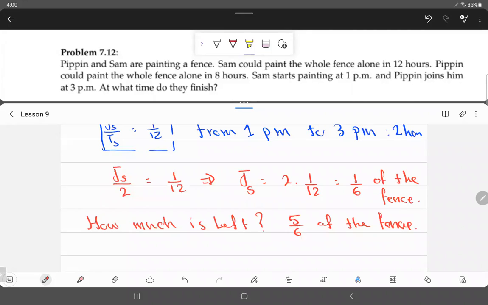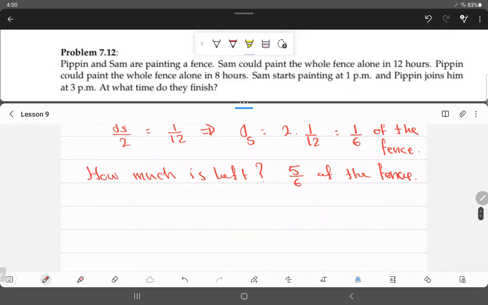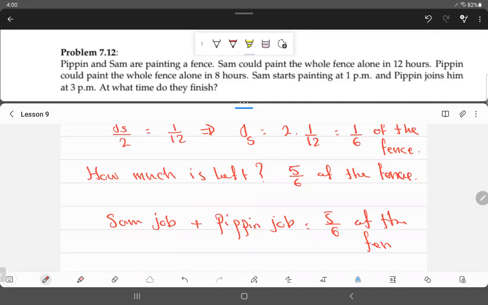So when Pippin joins him, they have to complete the job. So Sam's job plus Pippin's job has to be equal to 5 over 6 of the fence.